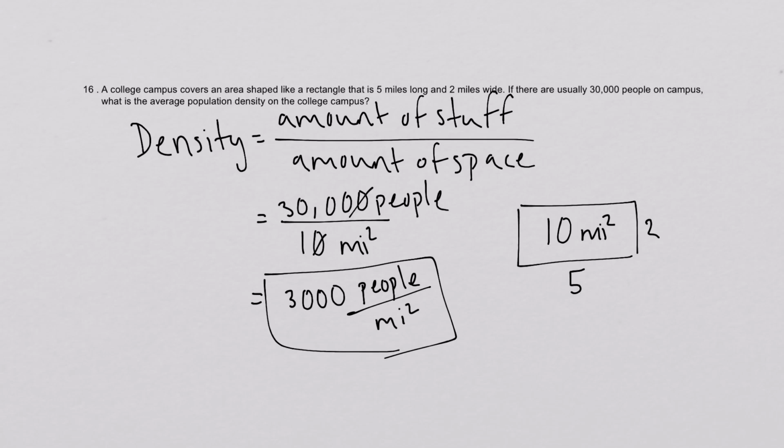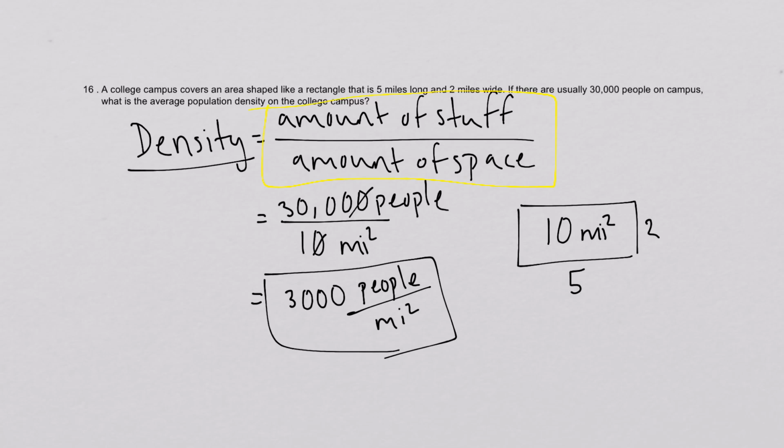So the main thing you've got to remember in this problem, or anytime you see density, is what I just said: the amount of stuff divided by the amount of space. And stuff could be anything that we're talking about. In this case, it was people, but it could be the mass of a solid, or how much solution is in a liquid, for example.